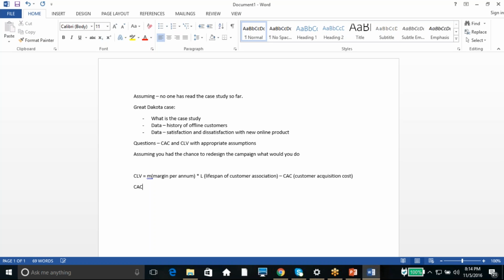So first part is to find CAC, customer acquisition cost, equal to all costs spent for acquisition divided by total number of customers.